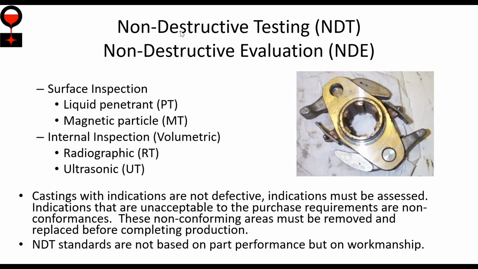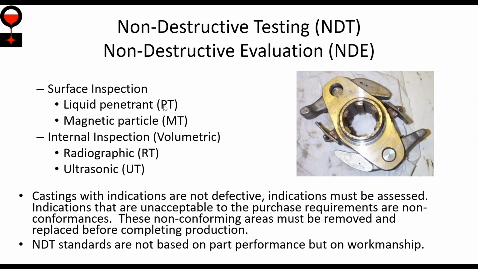We have two different ways to refer to this. I grew up with mechanical engineers who said, since I'm not breaking the part, it's an evaluation. The industry seems to have adopted pretty uniformly and globally non-destructive testing, NDT, as the right way to talk about this. We look at the surface and we do that with visual inspection. You could do it with eddy current, which we don't use in castings.